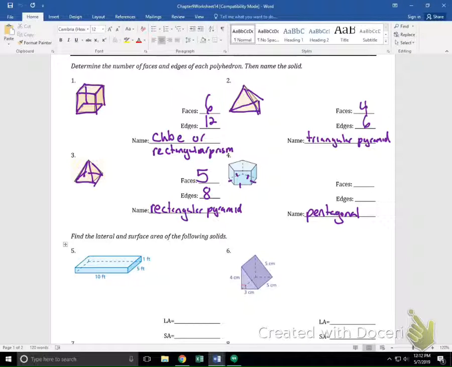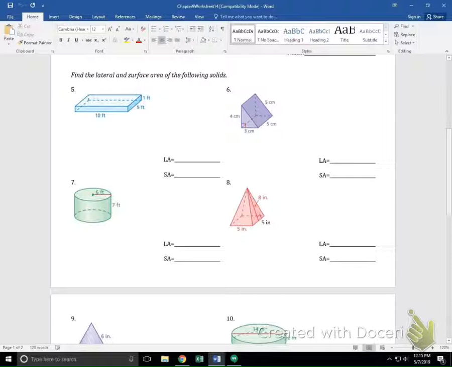Is it a prism or a pyramid? Prism. It's a prism, yep. So how many faces does this have? This one's a little trickier. Yep, the 5 sides and the base and the top, so it's 7 faces. How many edges? 1, 2, 3, 4, 5, 6, 7, 8, 9, 10, 11, 12, 13, 14, 15. Now you want to come up. What shape is this?